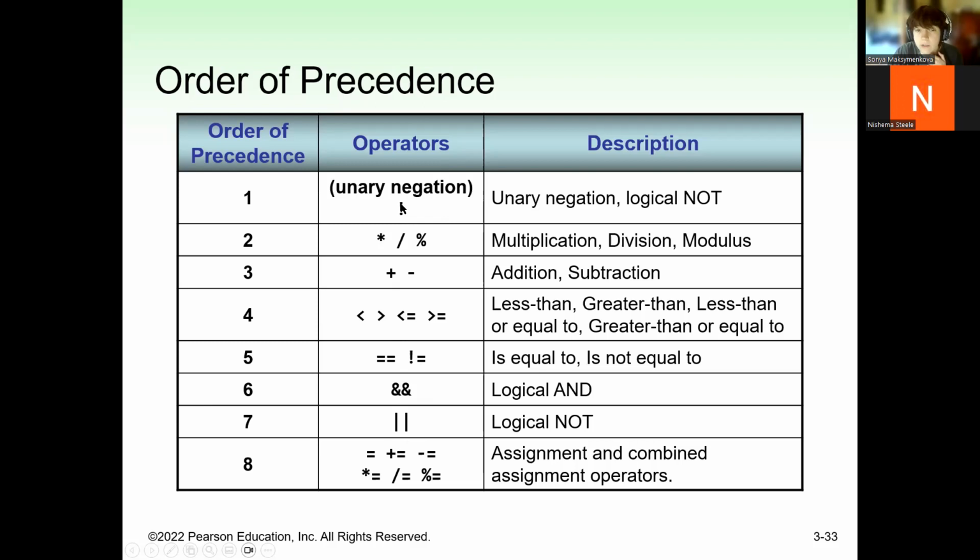The only thing you need to know is that the not operator goes first, then multiplication, division, and modulus, then addition and subtraction, then less than, greater than, all of the Boolean operators, and then equal or not equal, then logical AND, then logical OR, and then the assignment and combined assignment operators.